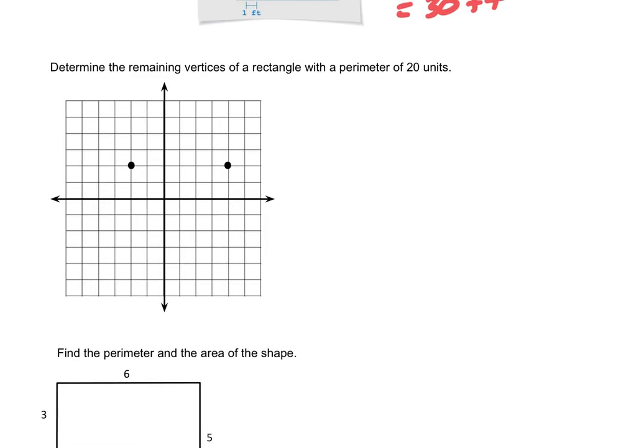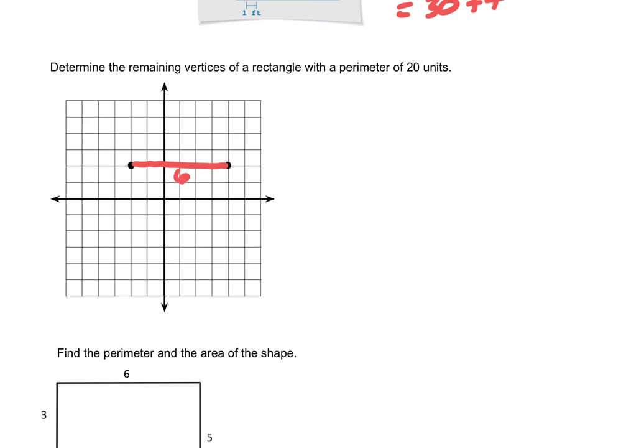Okay. If I have a rectangle with a perimeter of 20, okay, I know one of my sides of the rectangle, okay? And here's what I'm going to tell you. First of all, 1, 2, 3, 4, 5, 6. Okay?